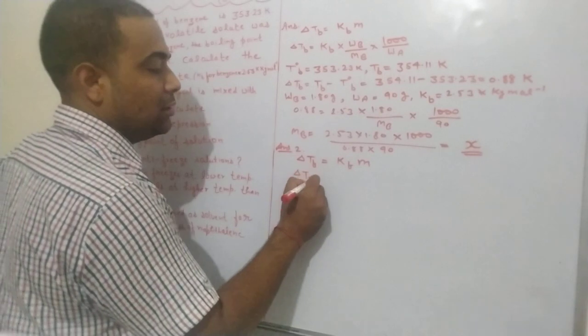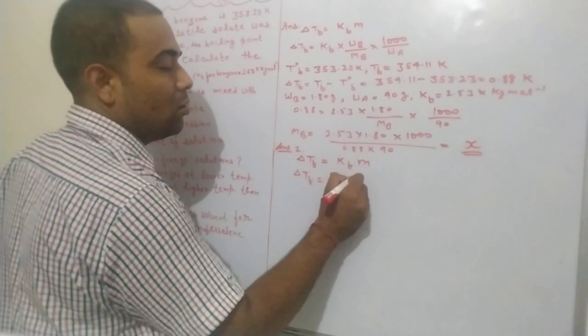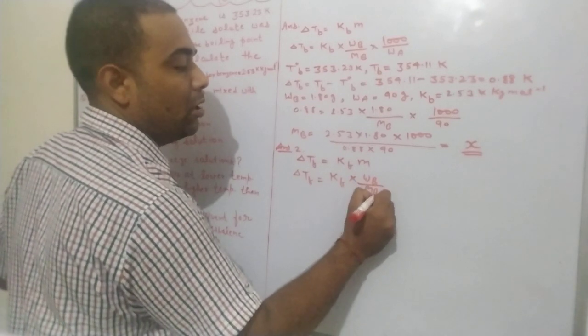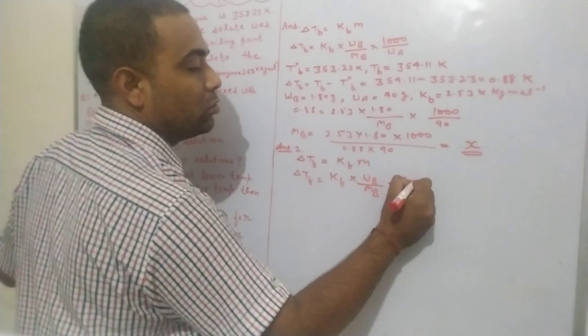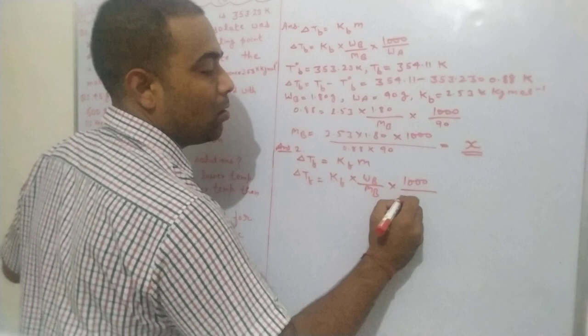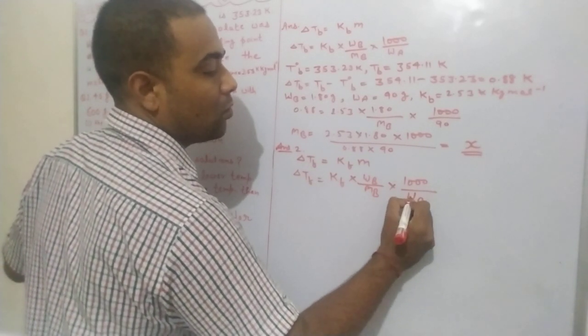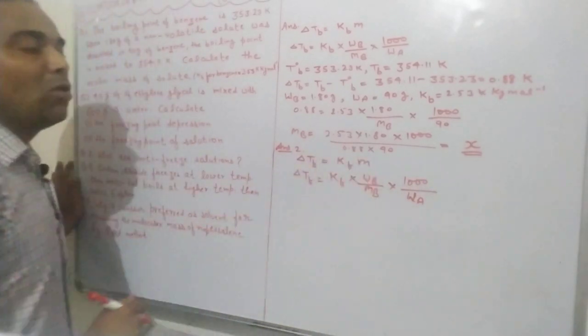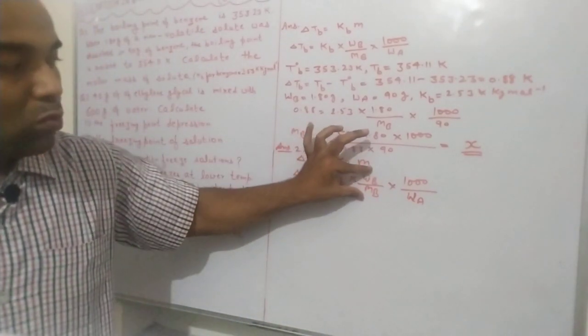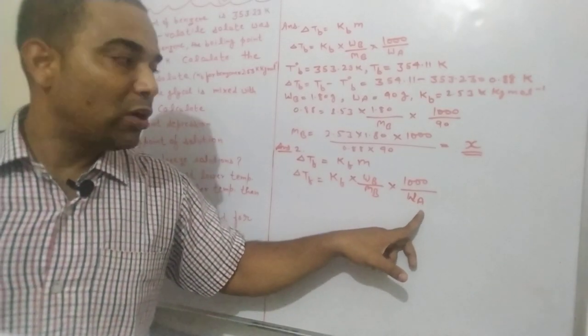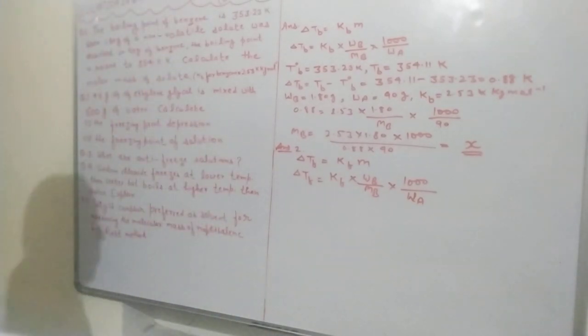So we can write it as delta Tf equals Kf times molality, which is equal to Wb by Mb into 1000 by Wa. Molality is always equal to number of moles of solute, Wb by Mb, divided by mass or weight of solvent in grams.